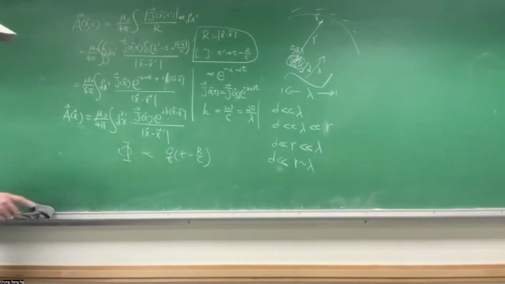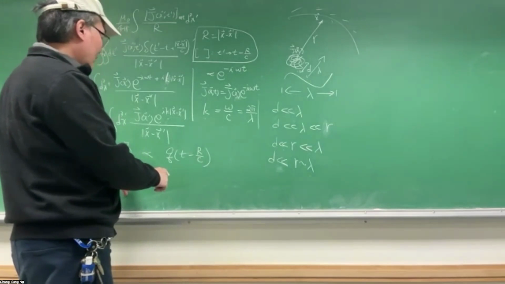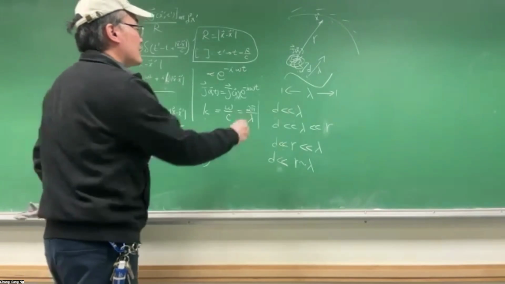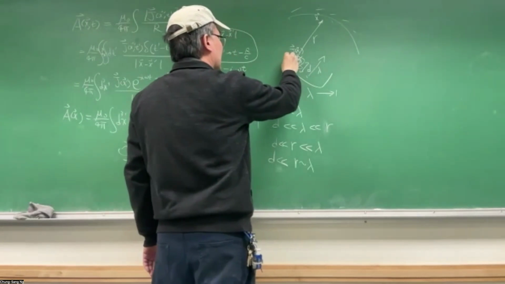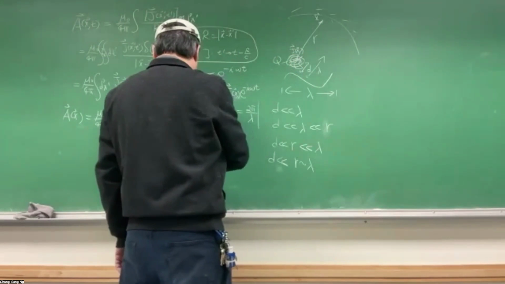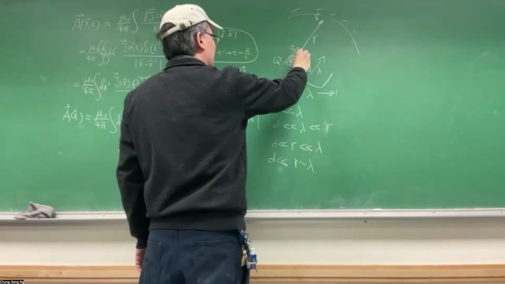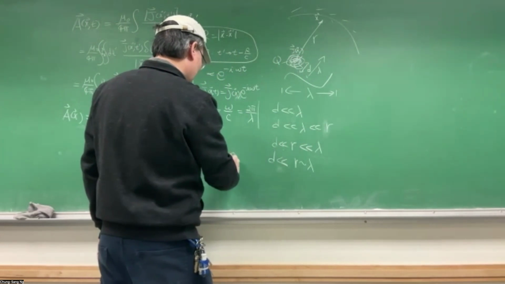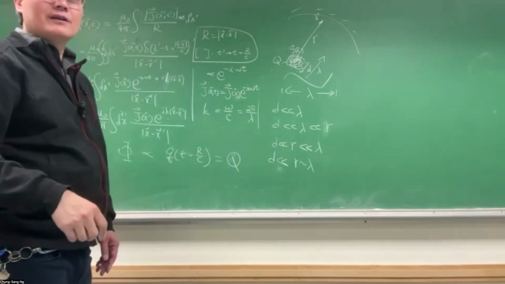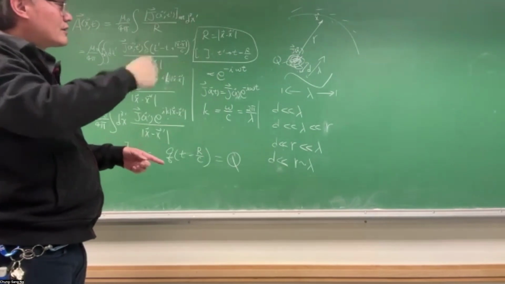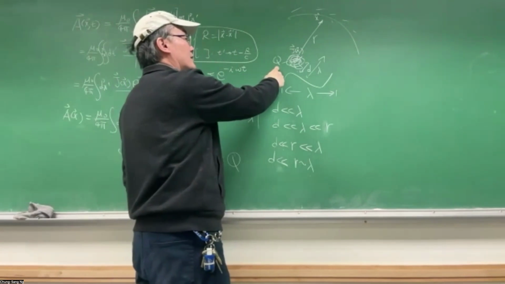However, this doesn't actually give you radiation. The idea is that if you have a charge density oscillation, but the total charge is still the same, just Q, right? Even if you evaluate at the retarded time or not the retarded time, it's still the same Q. The charge can move around or oscillate, but the total charge doesn't change.